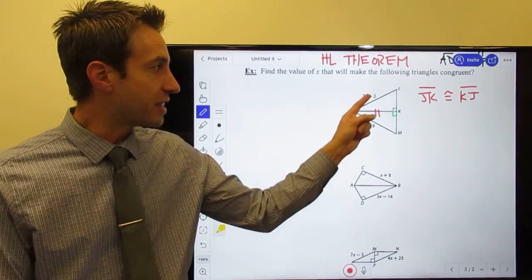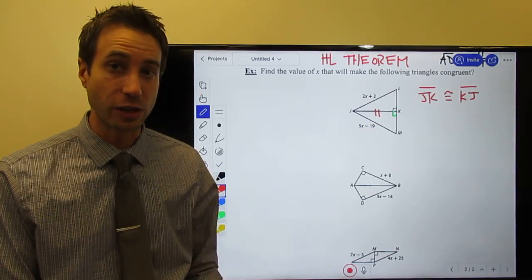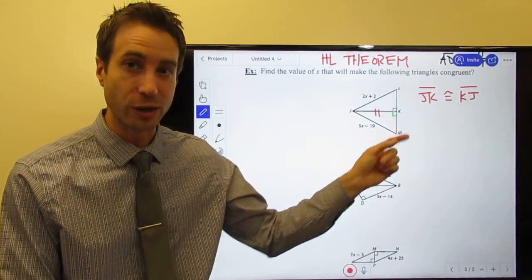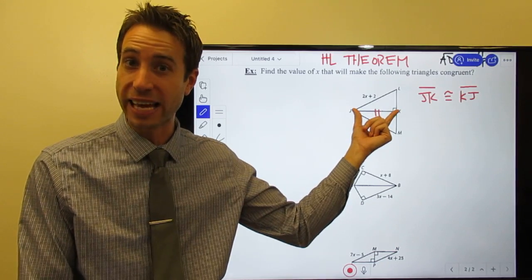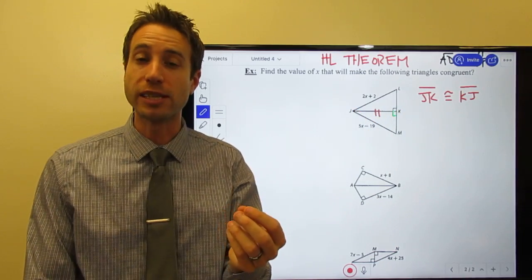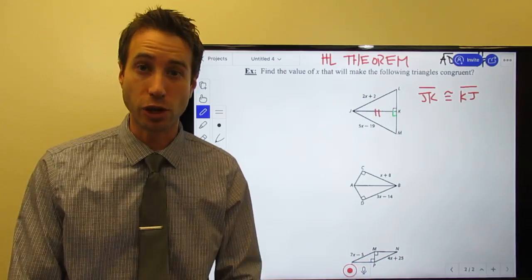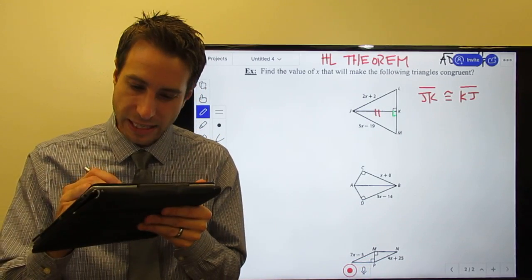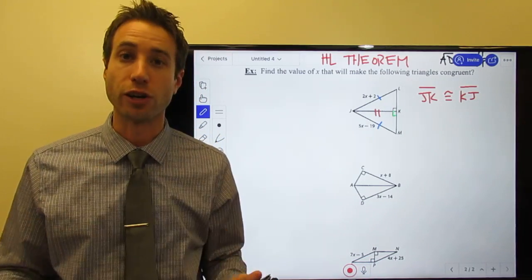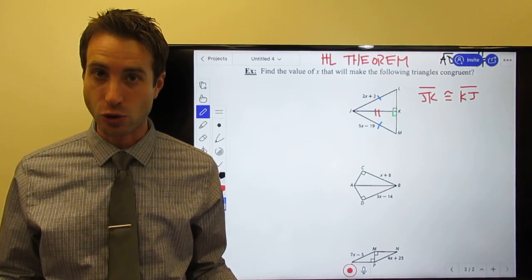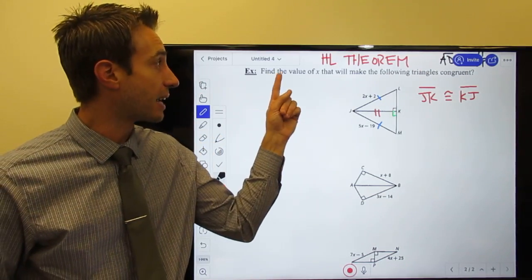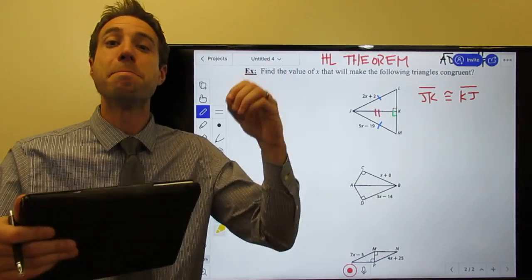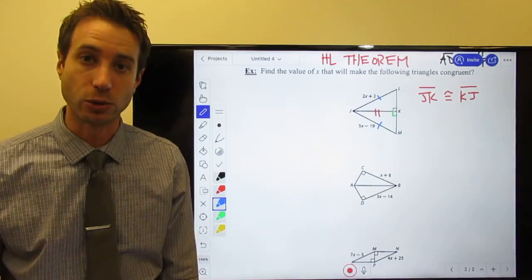In order for these two triangles to be congruent, since they're right triangles, and I already know a pair of corresponding legs are congruent, I just need to show the hypotenuses are congruent. If I can show that these two sides right here are congruent, then I know that my triangles are congruent. Which is exactly why I asked you to find the value of x that makes these triangles congruent.